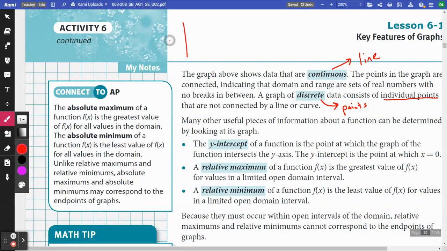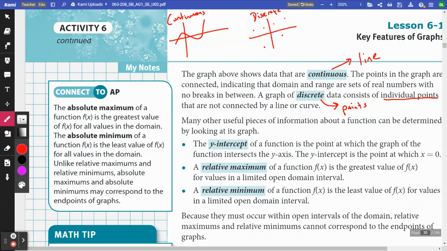So continuous looks like this, discrete looks like that. Continuous, it's hard to make a table because a table won't cover everything. Discrete, I can make a table and describe it perfectly.